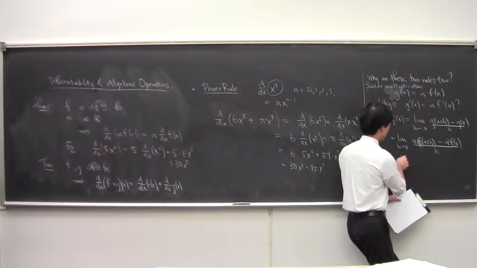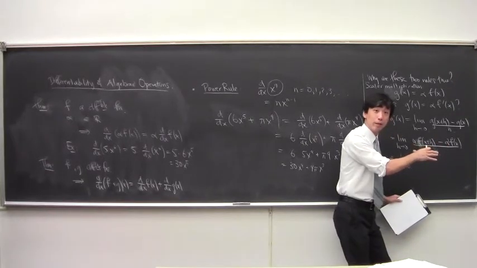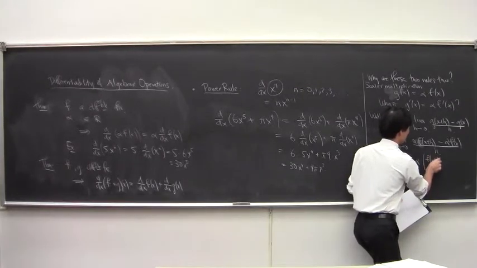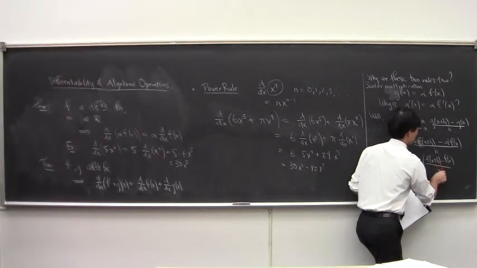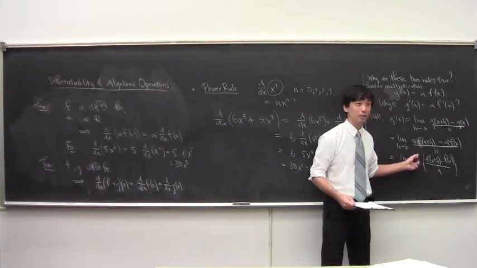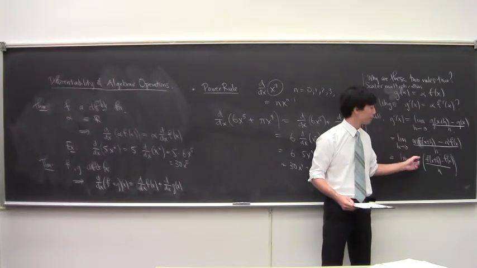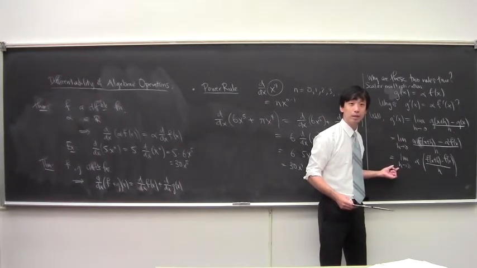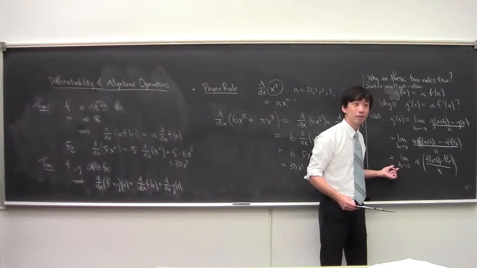Good. Okay, and then you see what we can do. We can factor. We can pull out the alpha, right? This is alpha times that. That's just arithmetic, elementary school arithmetic, right? And then what can we do? We can pull the alpha outside of the limit. Why can we do that? Because it's a limit theorem, right?